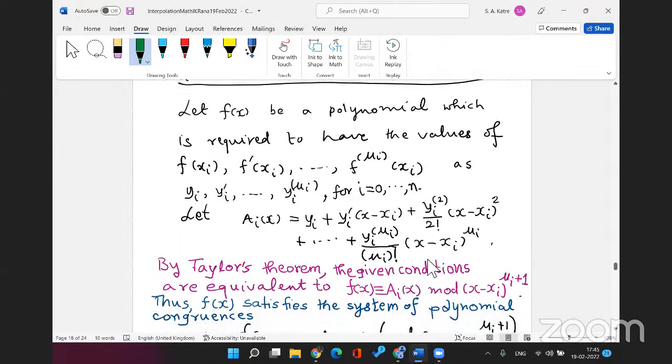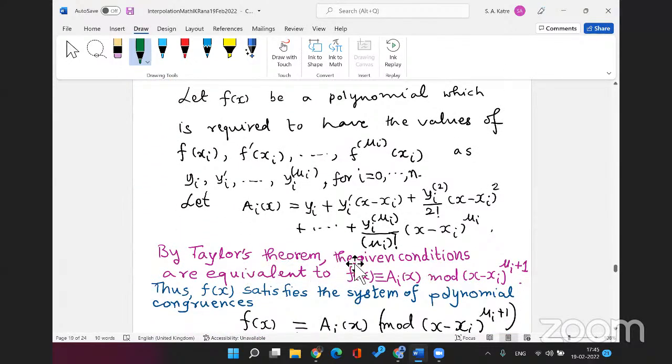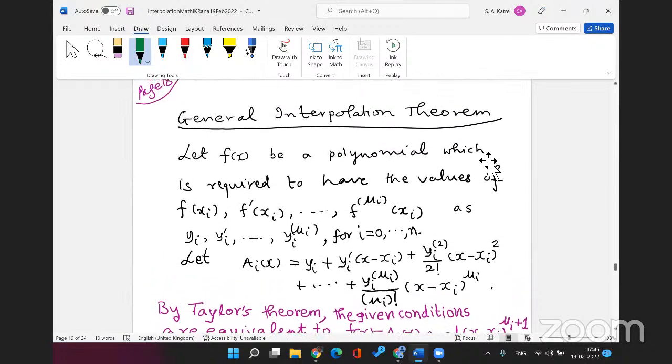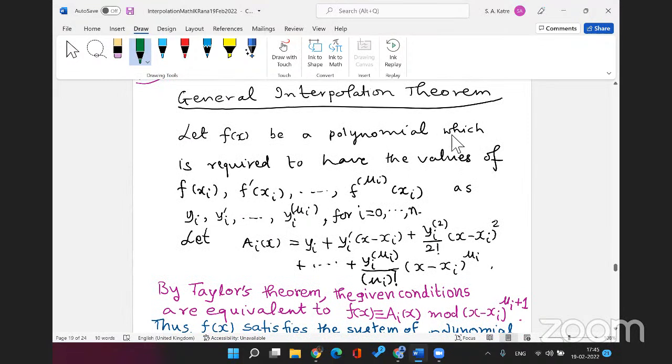Now, the general interpolation formula we want to get. As I said, f(x) is a polynomial which is required to have values f(x_i), f'(x_i), etc., up to the mu_i-th derivative at x_i. These values are y_i, y_i', and the mu_i-th derivative is y_i^(mu_i). And this happens for i equal to 0, 1, up to n.